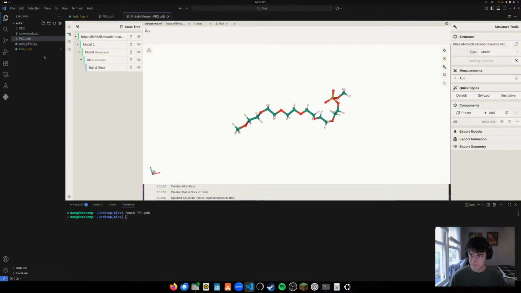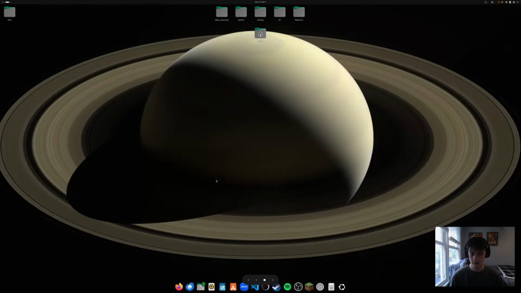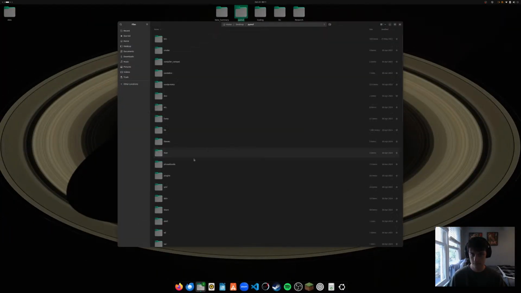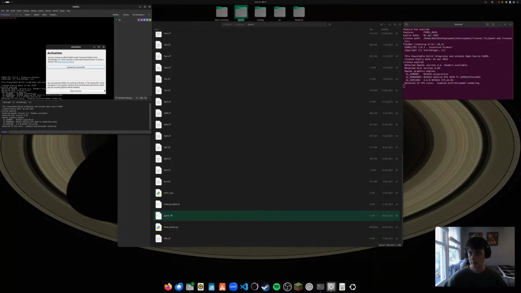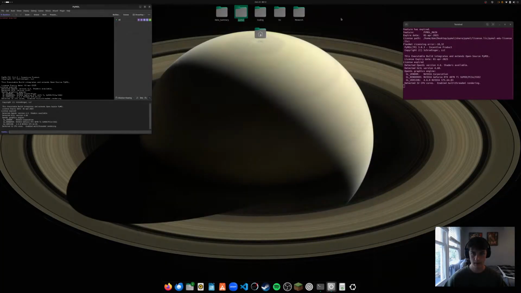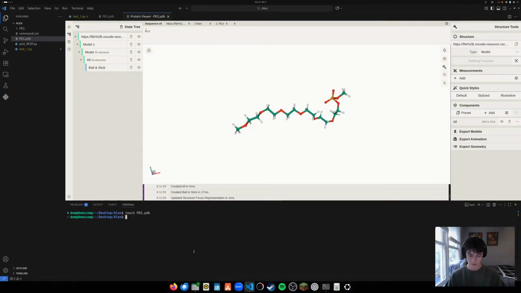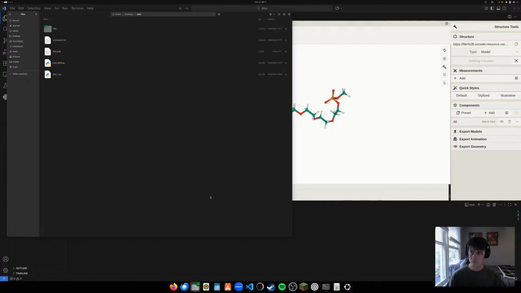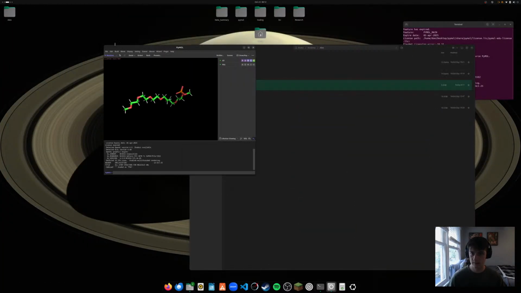Looks good. And then we need to open up PyMOL. I should just make an app at this point. Like, put this down there. Okay, drag and drop. So now we need to save this. Sure.